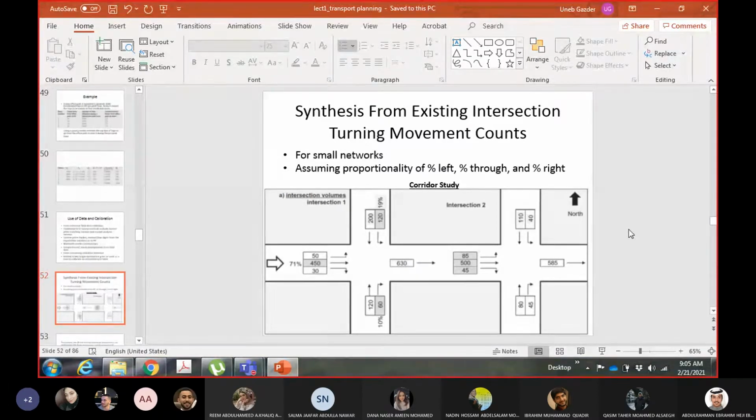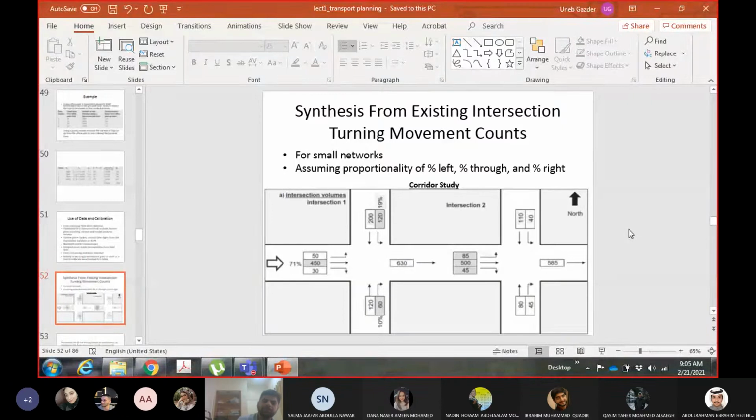If your network is so small, which can happen during a traffic impact analysis, then you can take the counts from intersection movements. You go to the intersections along your corridor or within your network, count the number of vehicles for each direction at your intersections, and then you can deduce origin destination counts using these counts.